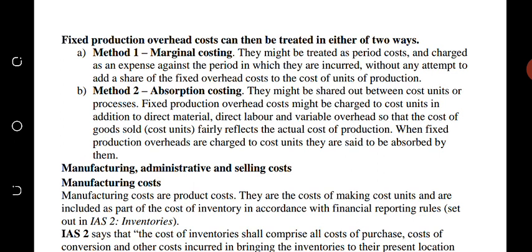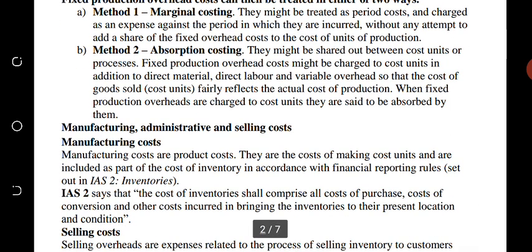That is to say, you are not going to use them to value your closing inventory. They are charged as expenses against the period in which they are incurred, without any attempt to add a share of the fixed overhead costs to the cost of a unit of production.